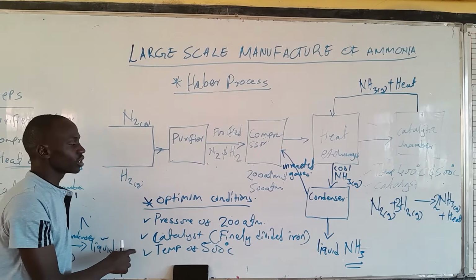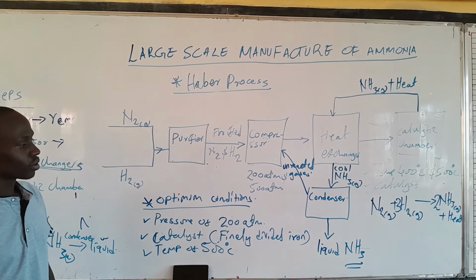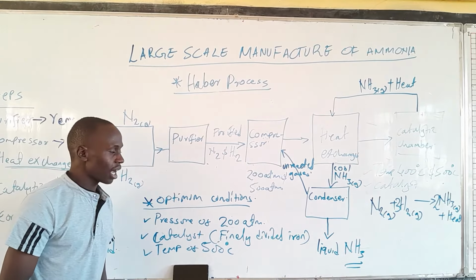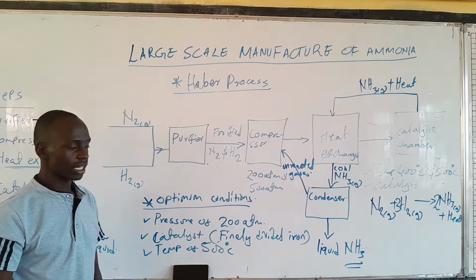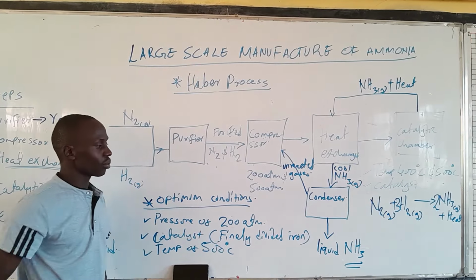Those are the optimum conditions that will lead to production of ammonia on a large scale. This will lower the cost of production.